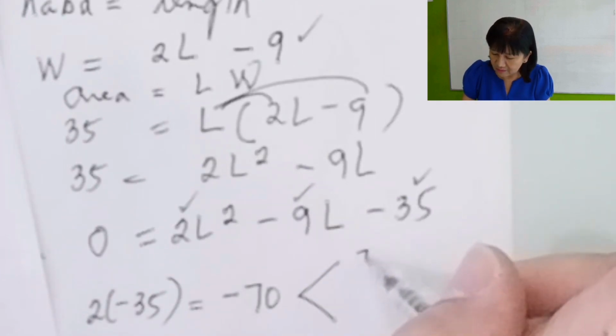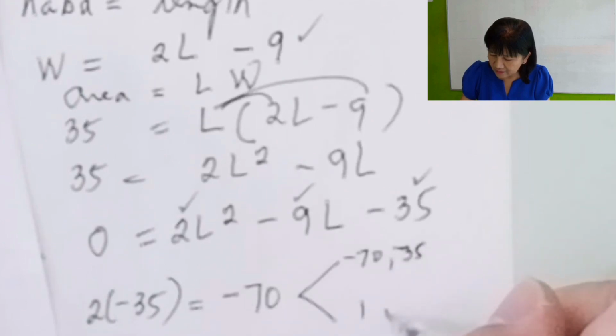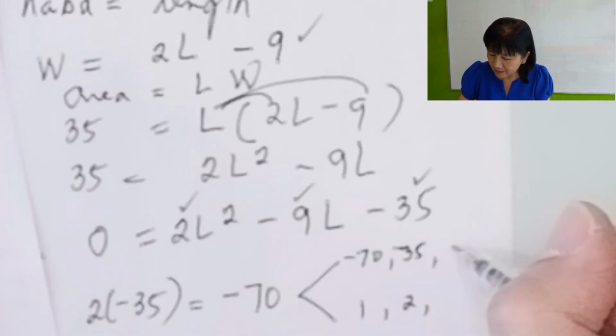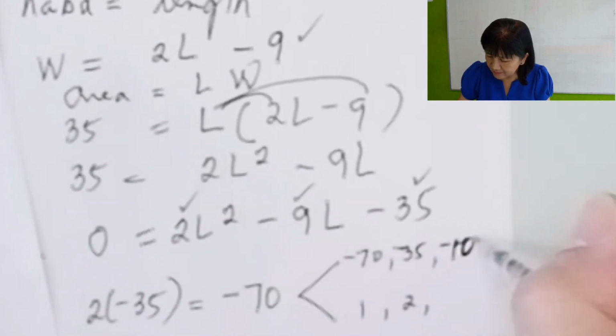Okay, so you have negative 70 and 1. No. Negative 35 and 2. No. What else? You have 7 and negative 10, negative 10 times 7.